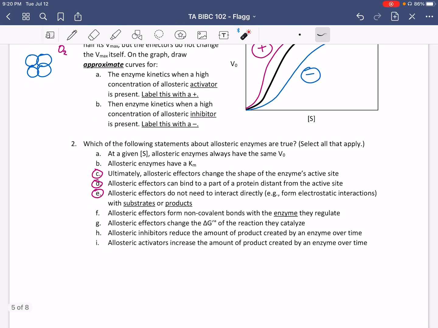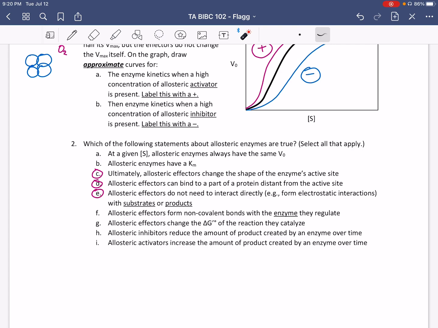Allosteric effectors form non-covalent bonds with the enzyme they regulate. The key here is non-covalent bonds, which is an umbrella term for electrostatic interactions, hydrogen bonds, other types of interactions that are not coming to mind right now.